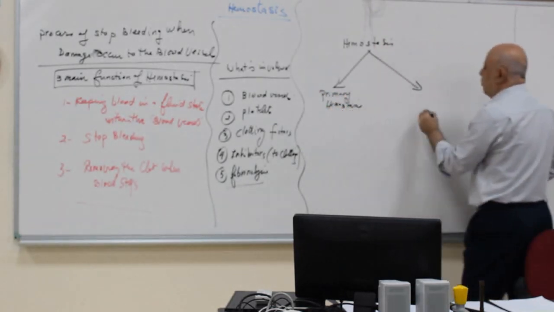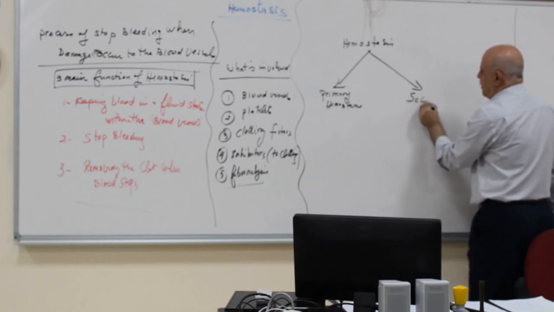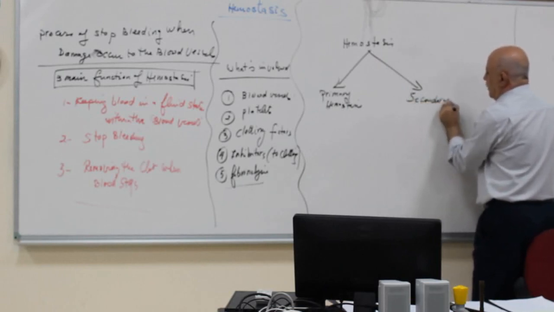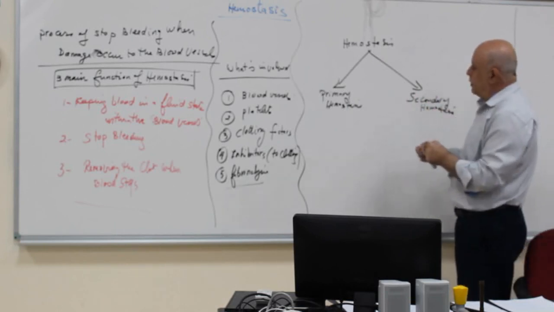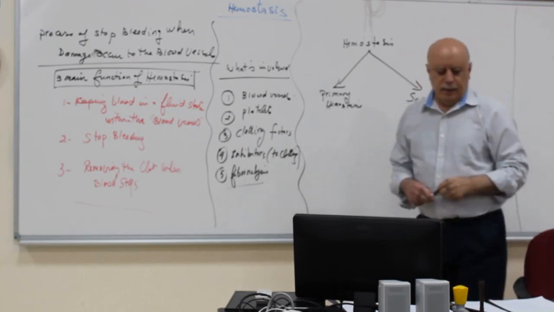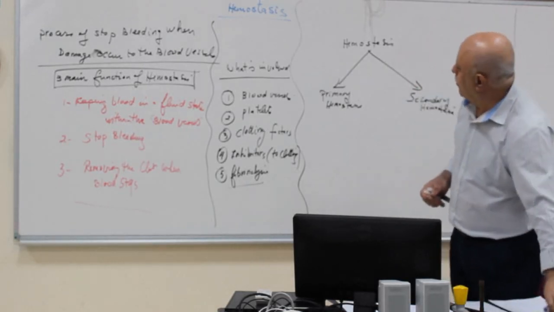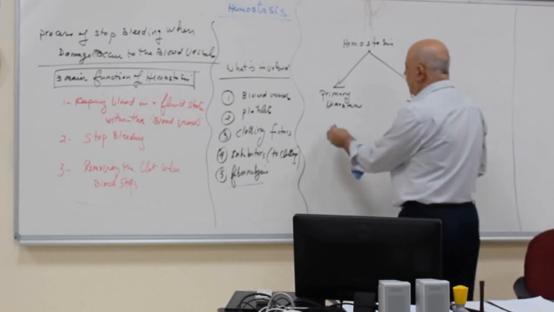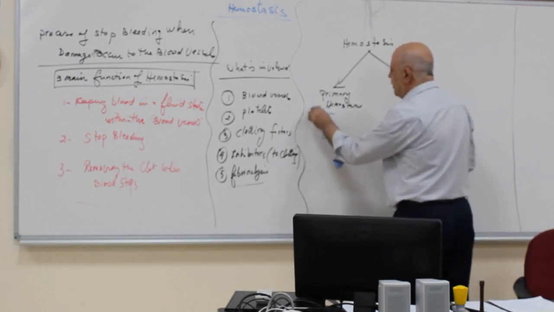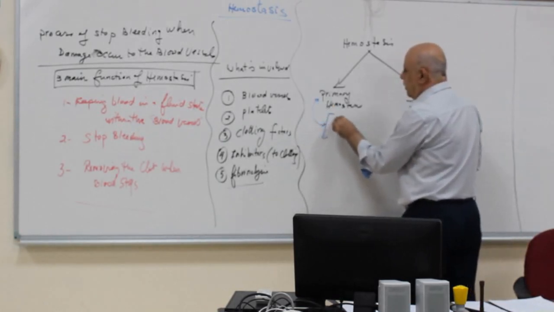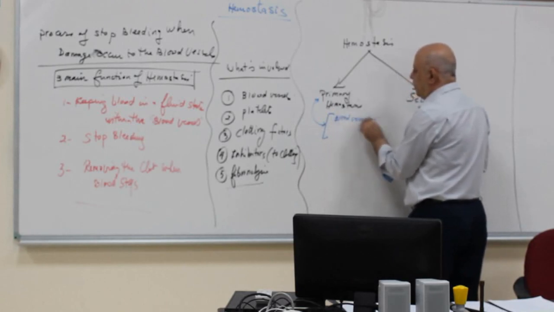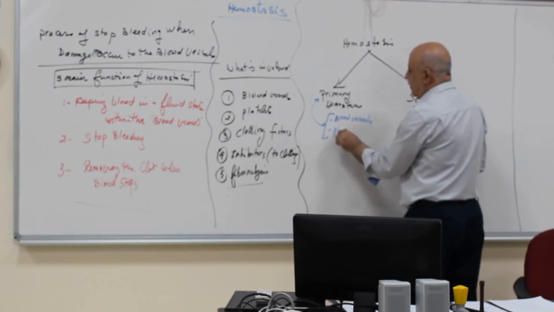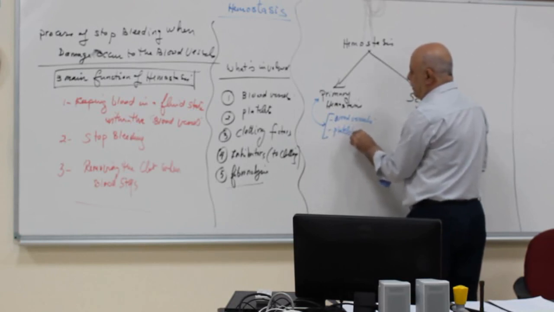The second one is called, yes, you guessed it, secondary hemostasis. What's involved in the primary hemostasis: blood vessels and platelets.